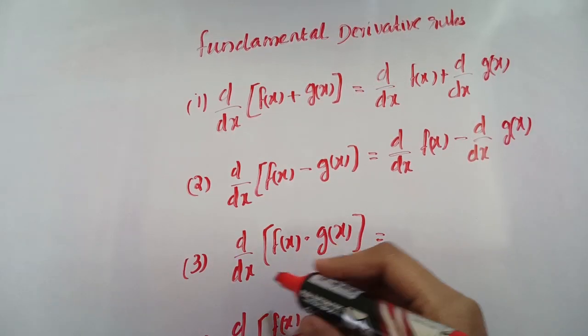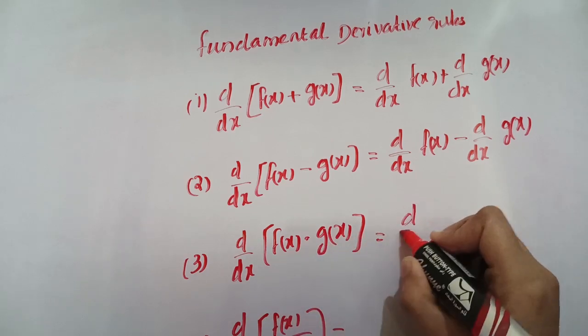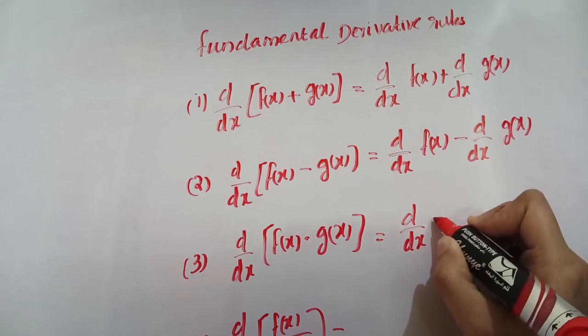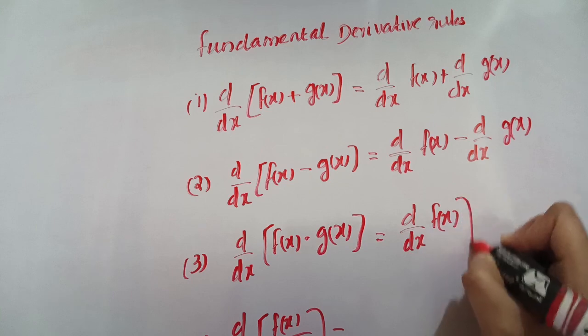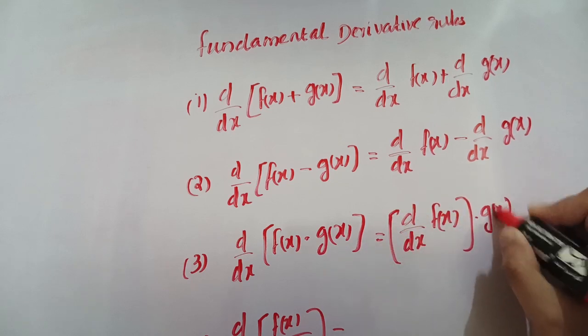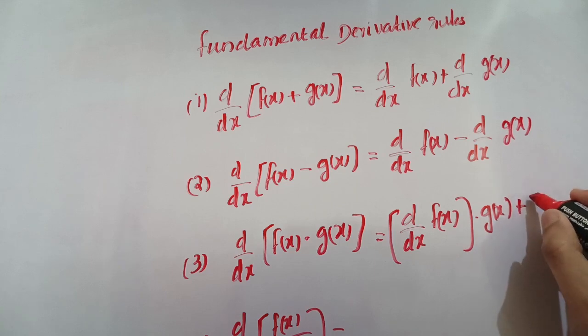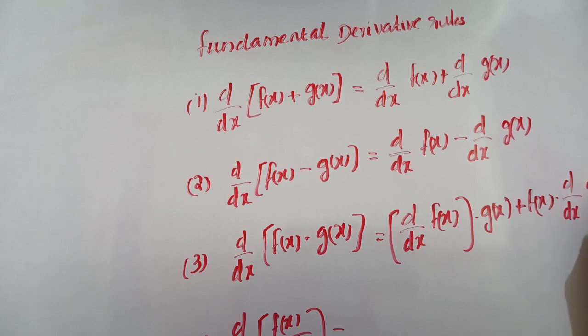Third, d by dx of f of x into g of x is equal to d by dx of f of x into g of x plus f of x into d by dx of g of x.